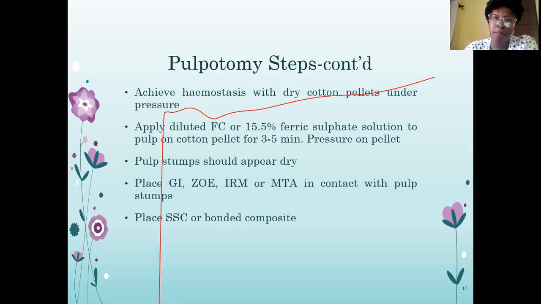And then you should be able to see the pulp stumps and they'll appear dry. Thereafter, you place your zinc oxide eugenol in contact with the pulp stumps, although typically you put your zinc oxide eugenol or your MTA before placing your GI. And then, very importantly, place a stainless steel crown or bonded composite.